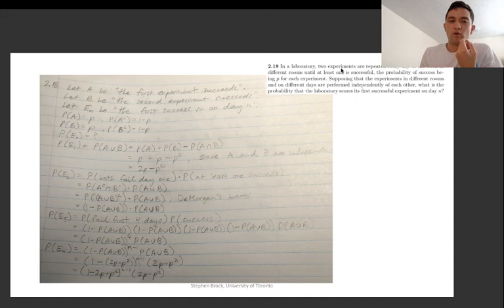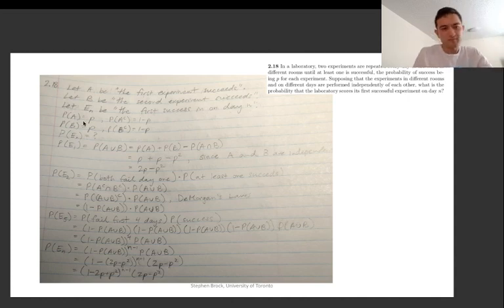What we want is the experiment to be successful, so it makes sense to have a let statement for the first experiment being a success and the second experiment being a success, because then we can leverage our probability P. That should be kind of intuitive. And the event that we're interested in is that the experiment takes n days, so that's where our En comes in. The first success is on day n.